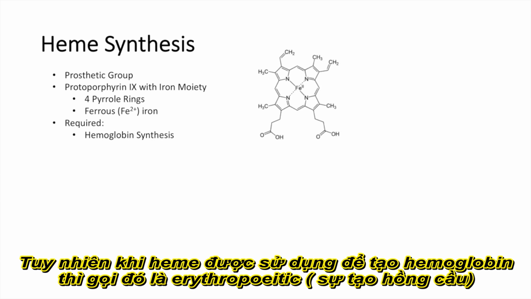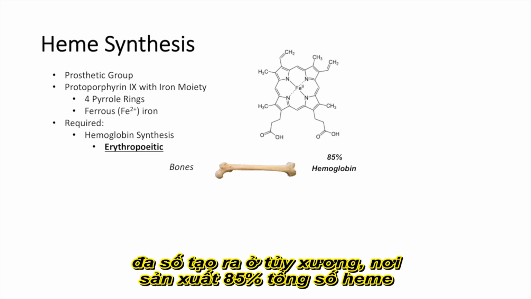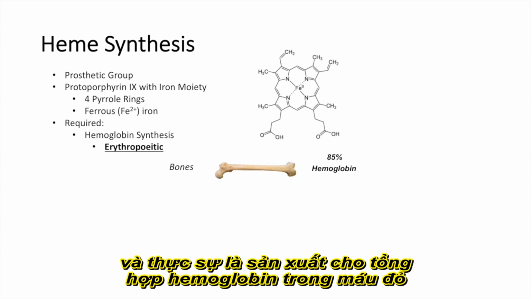When heme is used to produce hemoglobin, we call that the erythropoietic system. This heme is produced in the long bones in our body, where about 85% of the heme is produced, for hemoglobin used in red blood cell production.